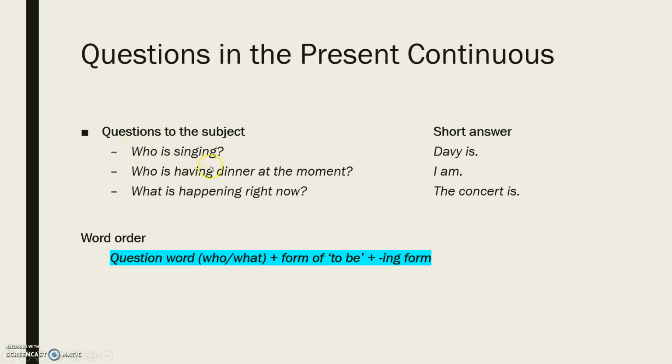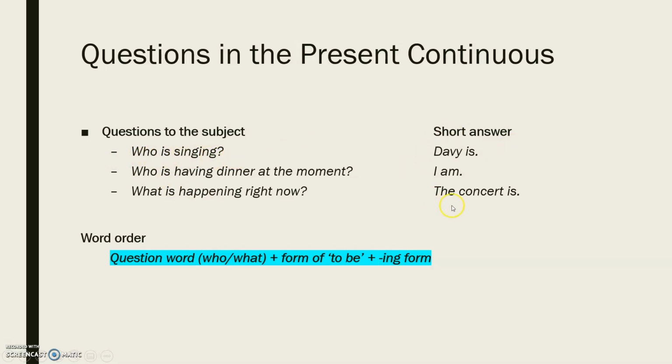In the original sentence, you have the exact same word order. For instance, who is singing? Davy is singing. Who is having dinner at the moment? I am having dinner at the moment, or my mother is having dinner at the moment. What is happening right now? The concert is happening right now. So that's also the Dutch word order, the word order we would use in Dutch. Davy is aan het zingen. Wie is er aan het zingen?